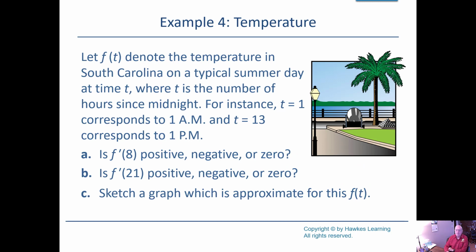All right, we're talking about South Carolina. I think some of you know where South Carolina is. And what we're interested in is, is f prime of 8 positive, negative, or 0? And what does it say? It says on a typical summer day, that makes some of us sweat already, where t is the number of hours since midnight.